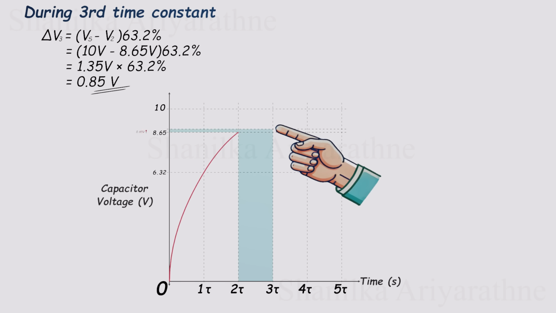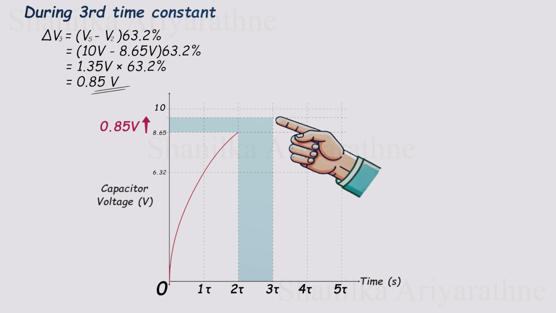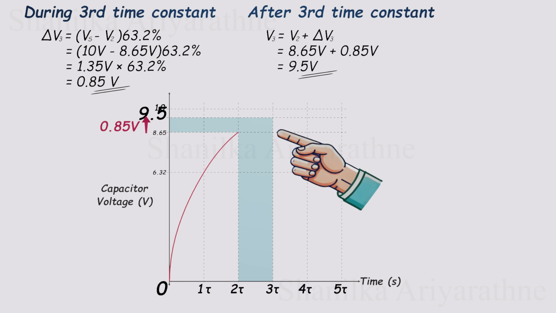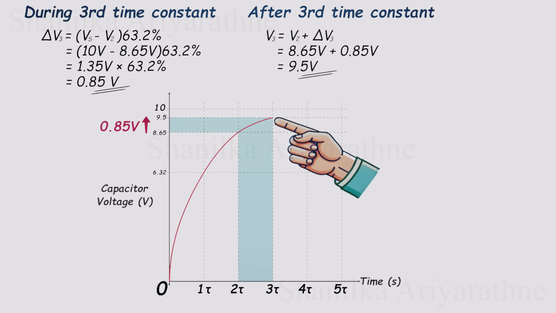So during the third time constant, the voltage rise is just 0.85 volts. Let's mark that on the graph too. Starting from 8.65 volts, we add 0.85 volts, which brings us to about 9.5 volts at the end of the third second. You can really see the curve flattening out now. It's getting closer and closer to 10 volts, but never quite touching it.